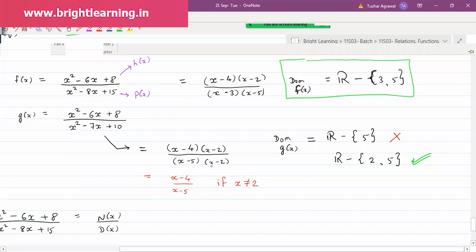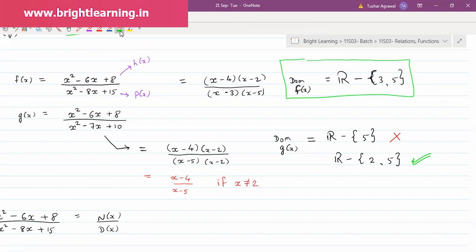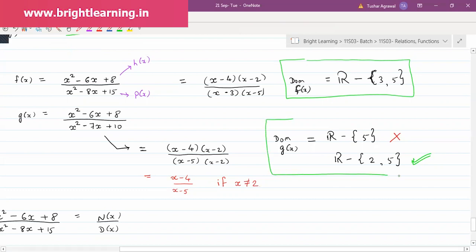But what if x equal to 2? If x equal to 2, the numerator is 0, the denominator is 0, and what is 0 upon 0? Not defined. So x equal to 2 is also a problematic point, and that also we will have to remove. So be careful at this stage, that cancellation of x minus 2, x minus 2 directly is a very dangerous thing.